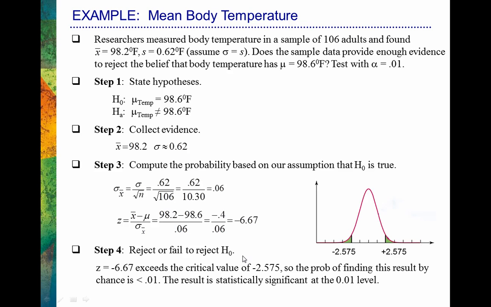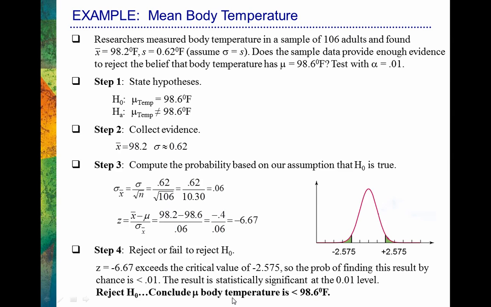Our z of negative 6.67 does indeed exceed the critical region, and values that exceed the critical region are very unlikely to occur by chance. So in this case, this finding is likely to occur by chance less than 1% of the time. In other words, the result is statistically significant at the 0.01 level.